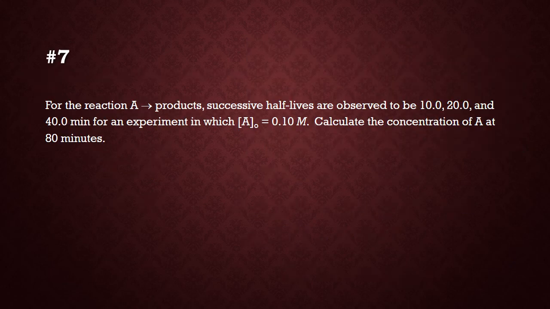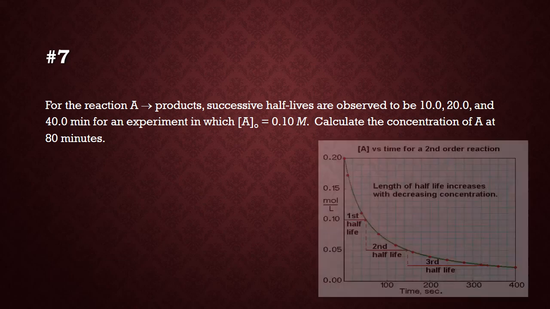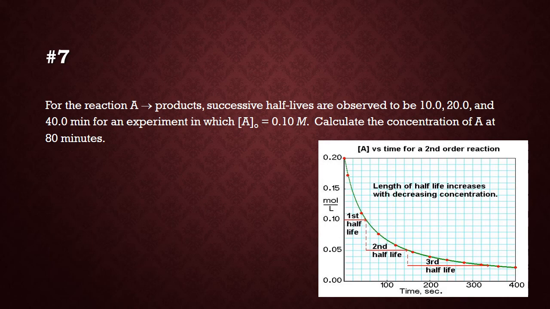The key to solving this problem is to notice that each successive half-life, in this case, doubles. So, like this graph, when each half-life doubles, you are dealing with a second-order reaction.